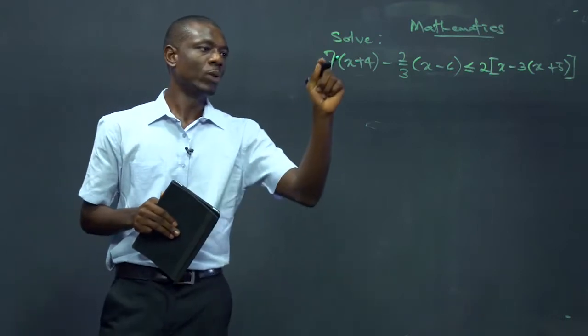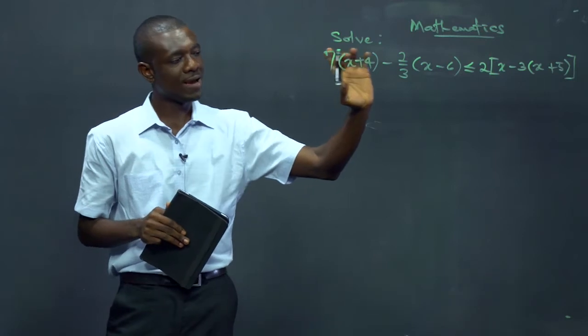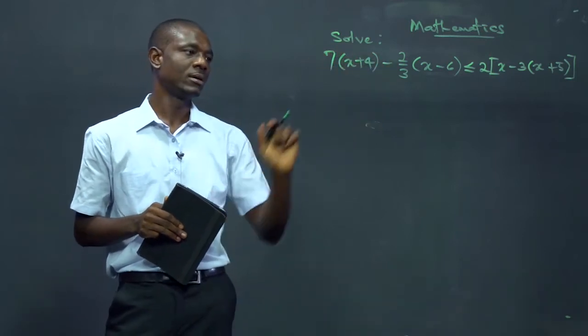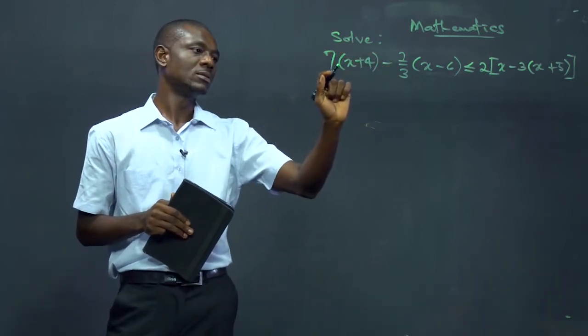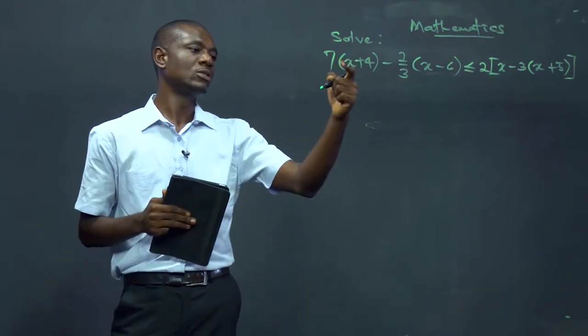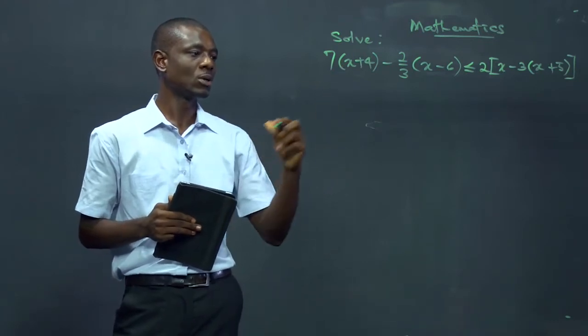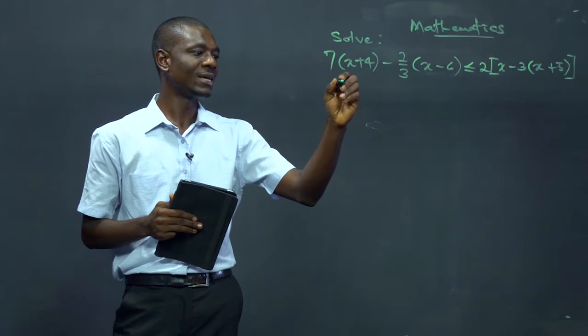So we will use the term outside to multiply every term inside the bracket. Plus 7 times plus x, like I stated earlier, when there is no sign here, it means it's positive. Plus 7 times plus x will give you plus 7x.